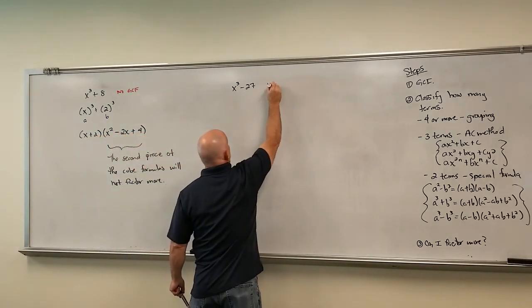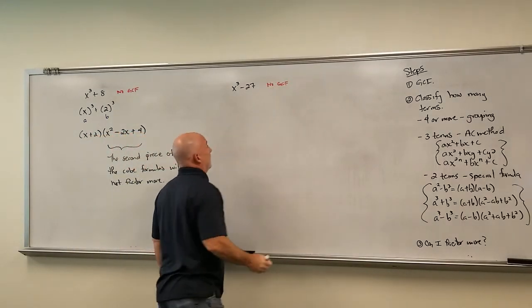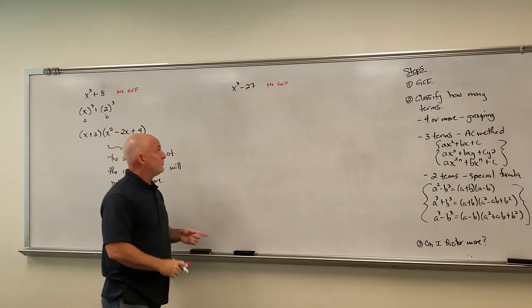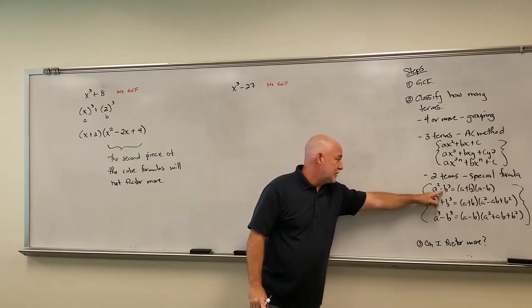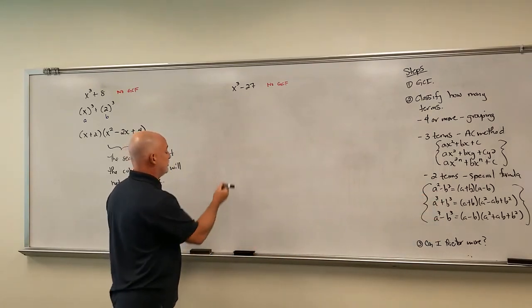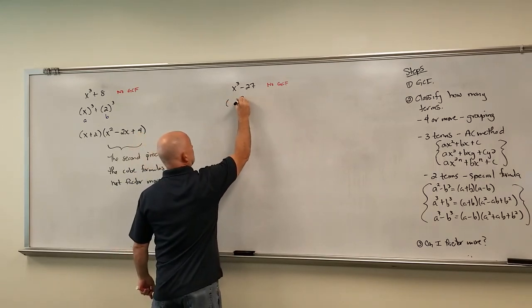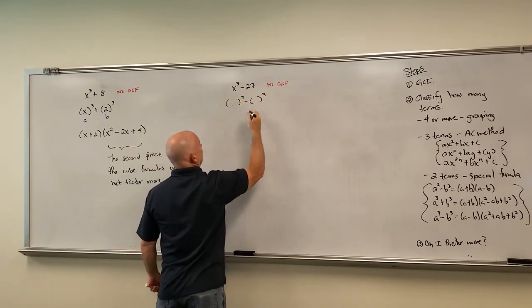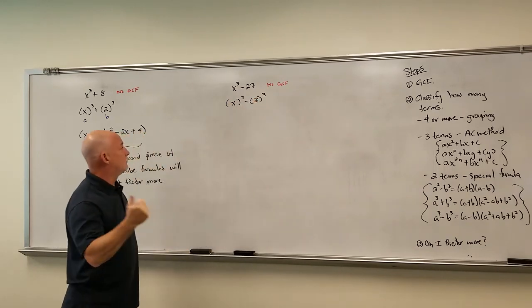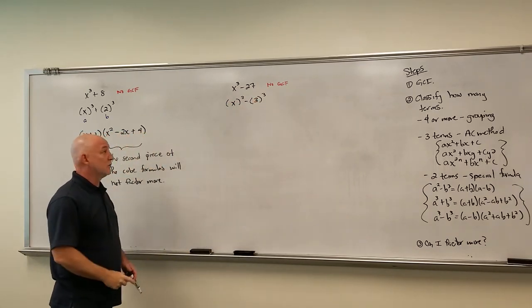In this case, don't have any. I see 2 pieces, so it's got to be one of our special formulas. Since it's a minus, either that's the difference of squares or difference of cubes. That appears to be cube stuff to me, so I'm going to write it as 2 things being cubed. Well, that would be an x, and a 3 cubed would be 27, right? 3 times 3 is 9, times 3 is 27.